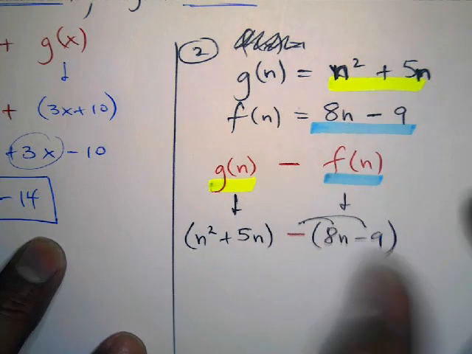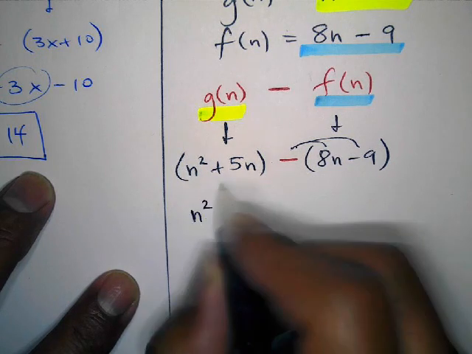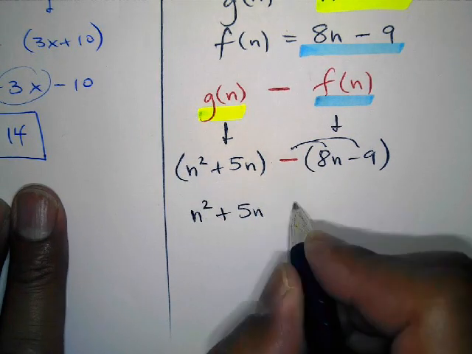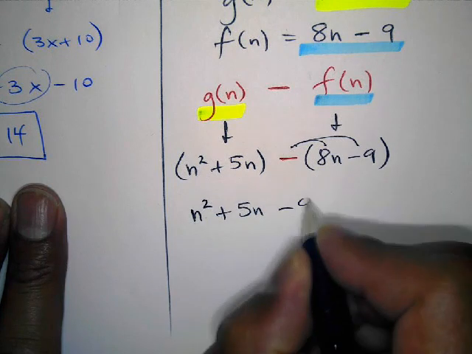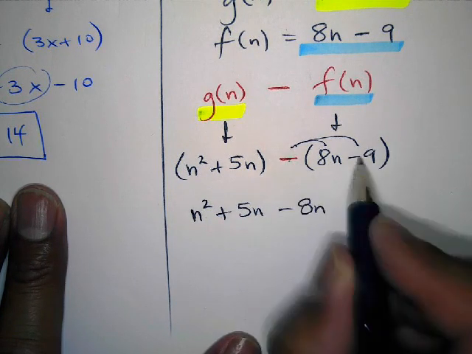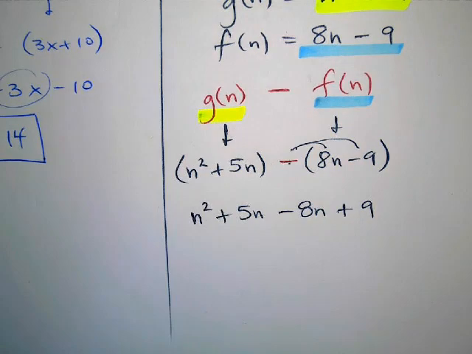This negative is going to change it. This negative one has to distribute. So it's really going to be, nothing changes for here, so I can just drop the parentheses, n squared plus 5n. But here, this is going to change to what? It's going to change to a negative 8n. Because negative times positive and negative is going to be a positive 9. See, it's going to change.